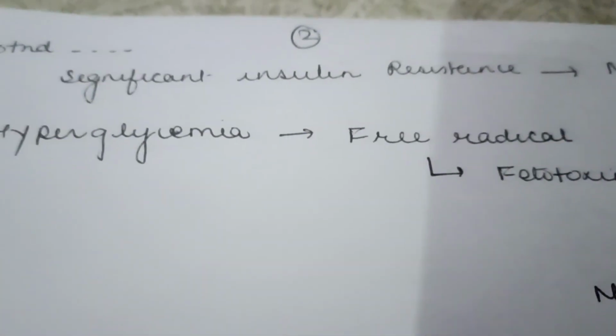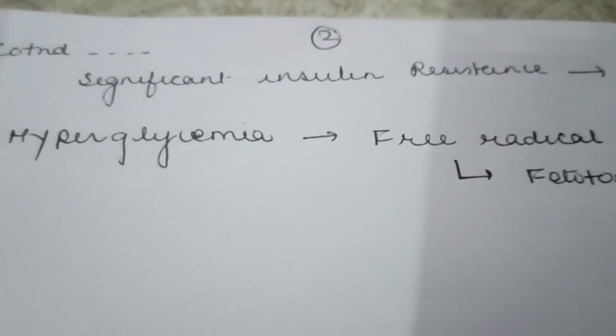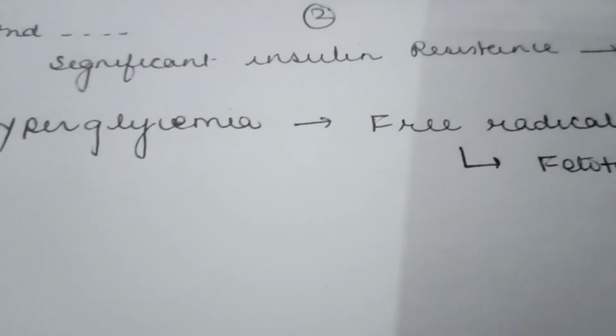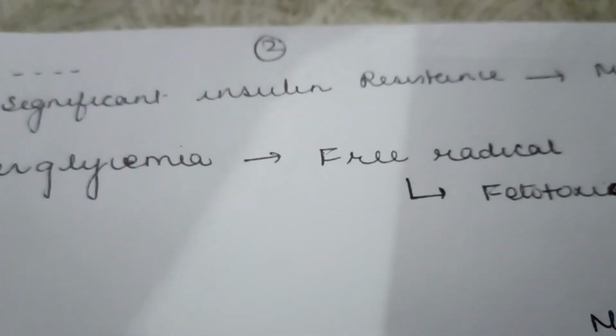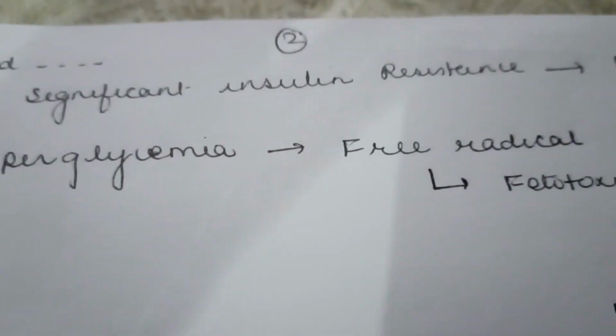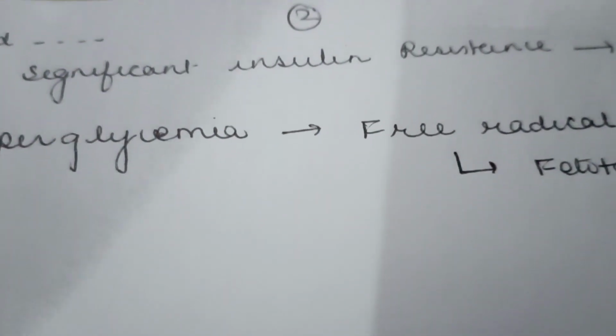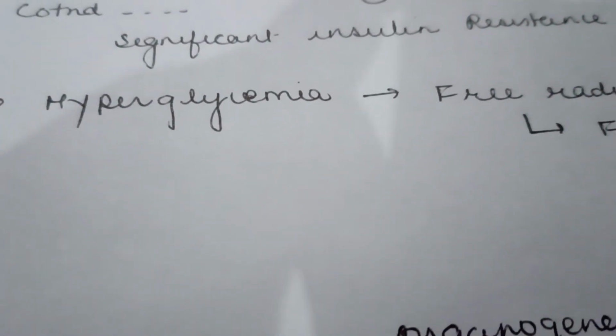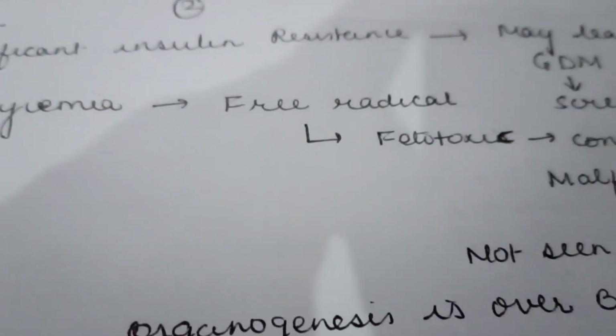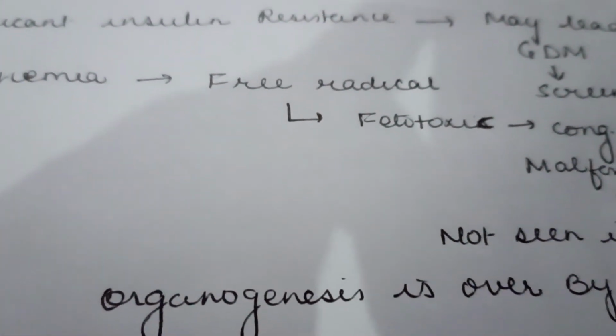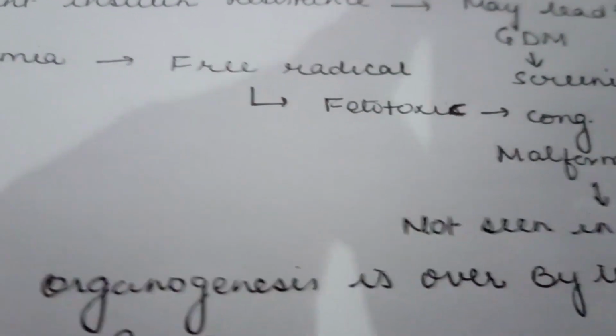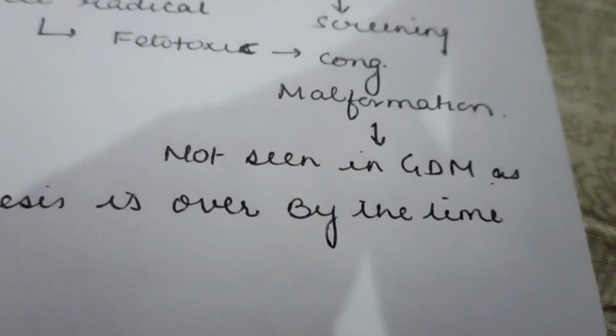Now we should also know what hyperglycemia does in pregnancy. Why is hyperglycemia very dangerous to our fetus or our pregnant ladies? Hyperglycemia releases free radicals, and these free radicals are teratotoxic and lead to congenital malformation.